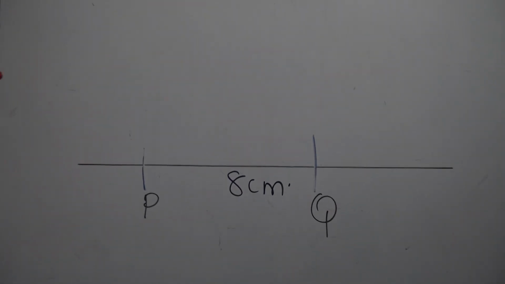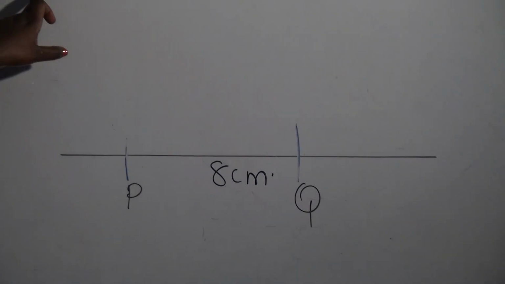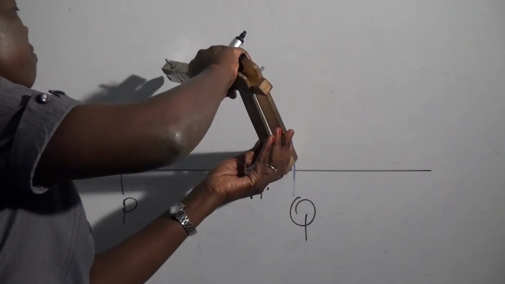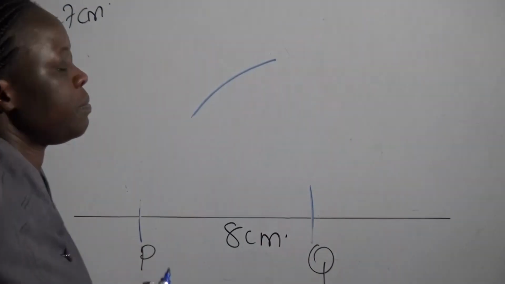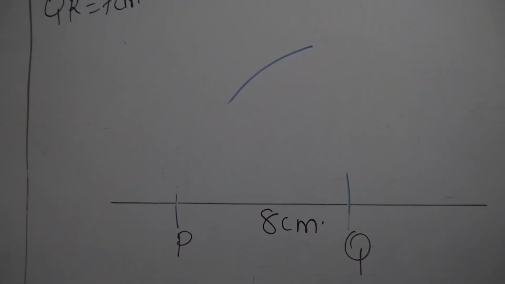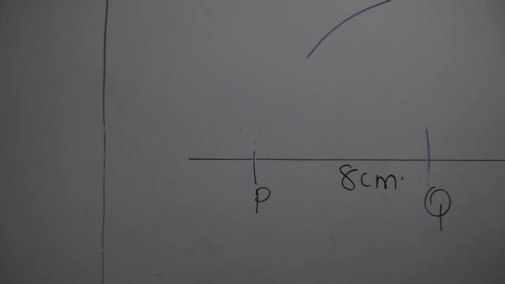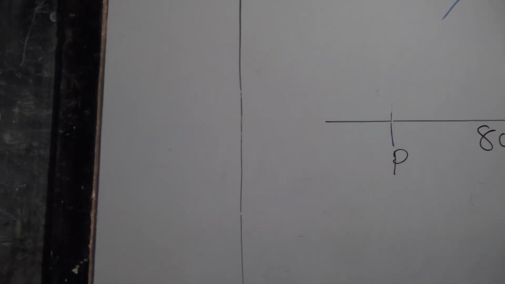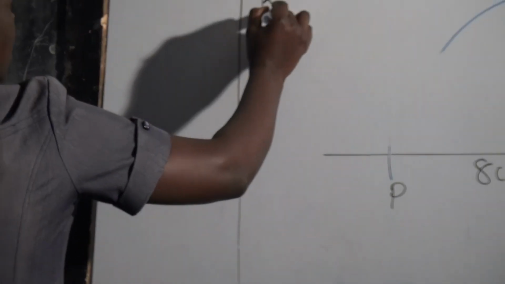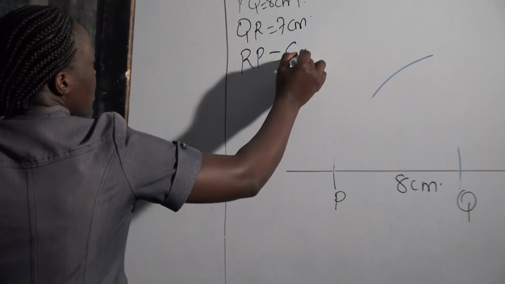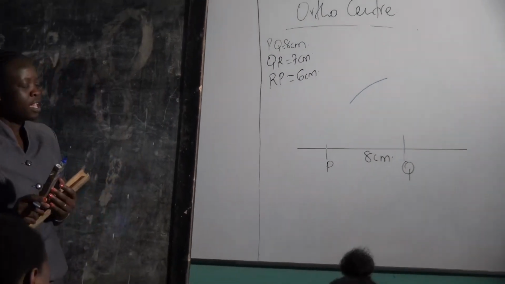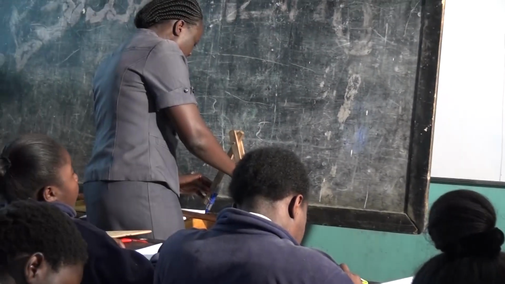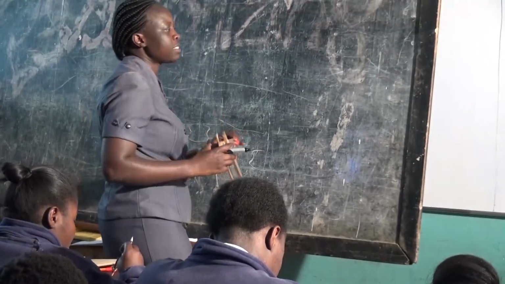Then I'm looking for QR. Where do I start? At Q. Then I make an arc. Then I want the final one, which I've told us is what? 6 centimeters. Go to my ruler and measure my 6 centimeters.